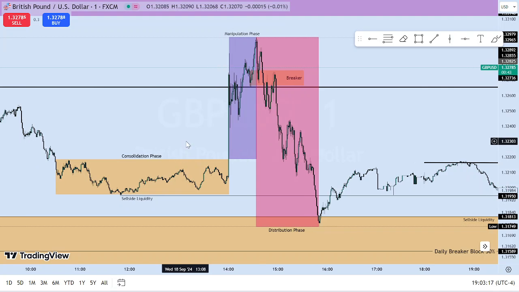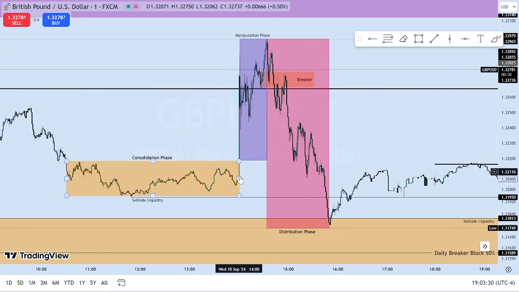Mostly you will be expecting this kind of pattern, this power of three, on a news day, like Thursday being FOMC day. We have been consolidating before the news.